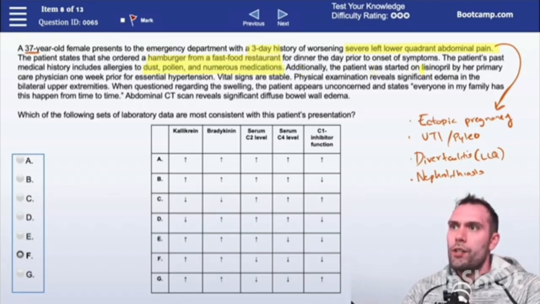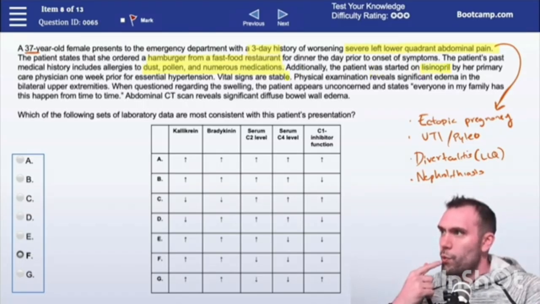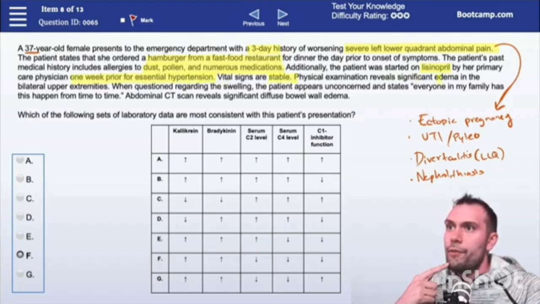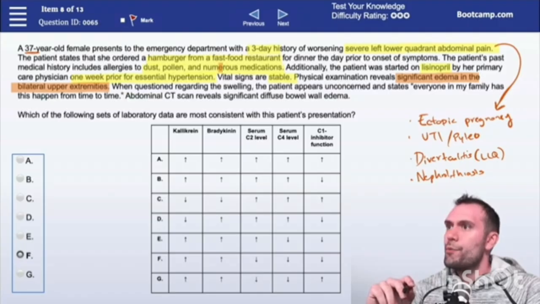Additionally, the patient was started on lisinopril by her primary care physician 1 week prior for essential hypertension. Okay, vital signs are stable. Physical exam reveals significant edema in the bilateral upper extremities. Okay, that is interesting. Let's keep reading here just to get a little bit more information. When questioned regarding the swelling, the patient appears unconcerned and states, "Everyone in my family has this happen from time to time." So this is definitely a big piece of information here.